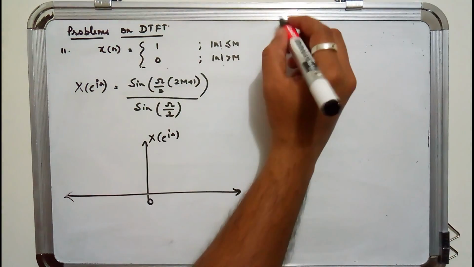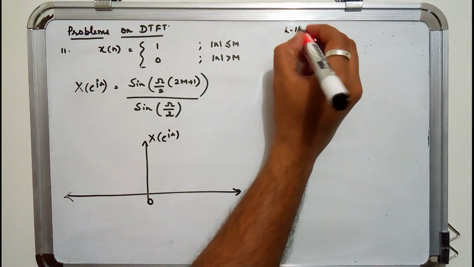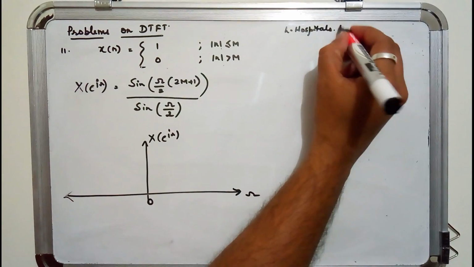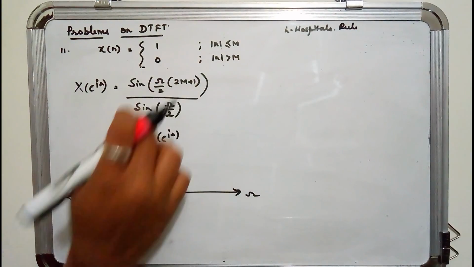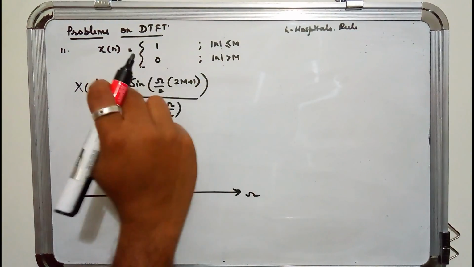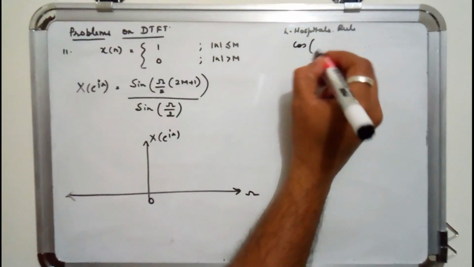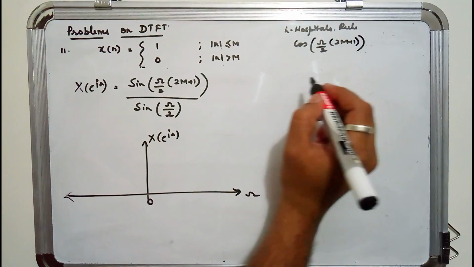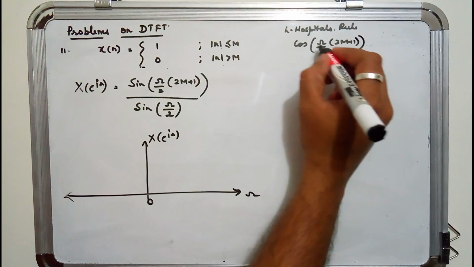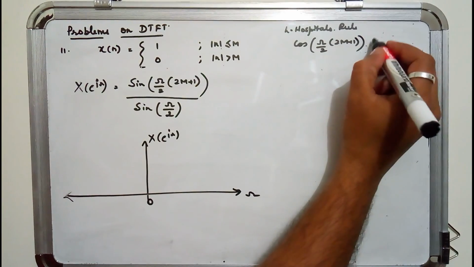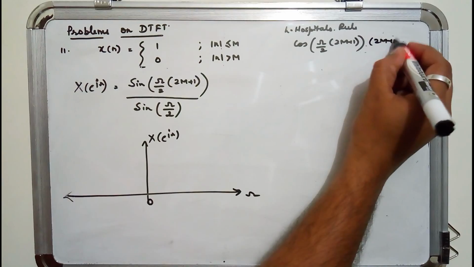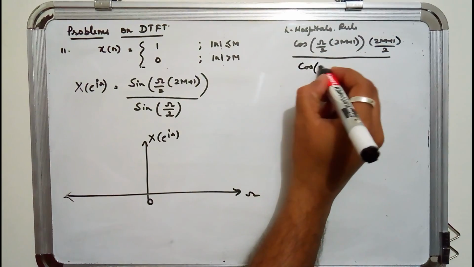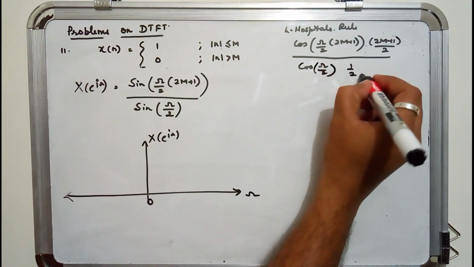So what you do is you use a famous rule called L'Hospital's rule, which says that you differentiate the numerator and differentiate the denominator. If you differentiate the numerator with respect to omega, it will be cos(omega by 2 into 2M plus 1) into (2M plus 1) by 2, divided by cos(omega by 2) into half.